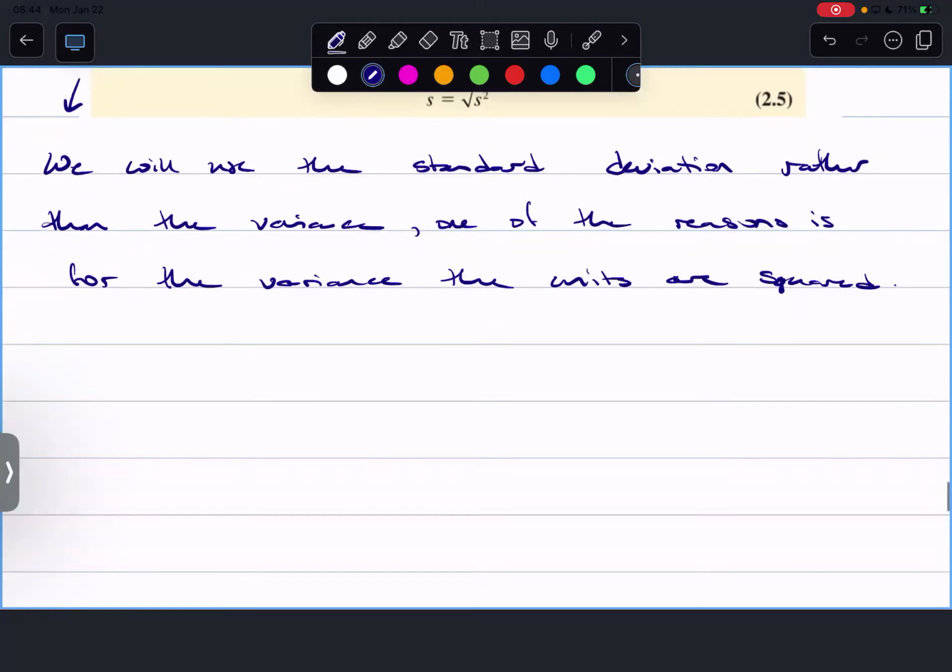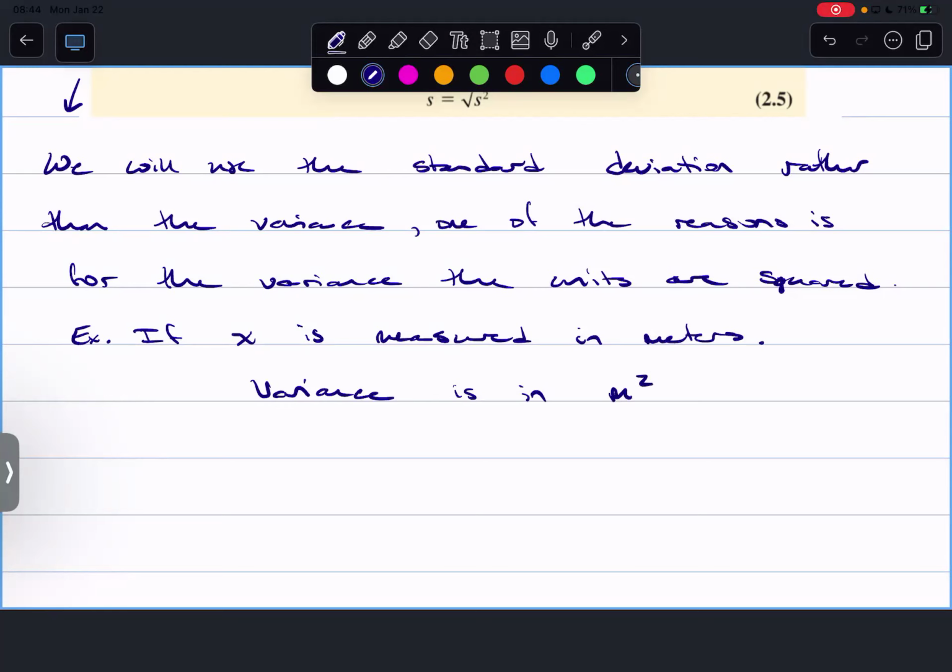For example, if X is measured in meters, then the variance is in meters squared.